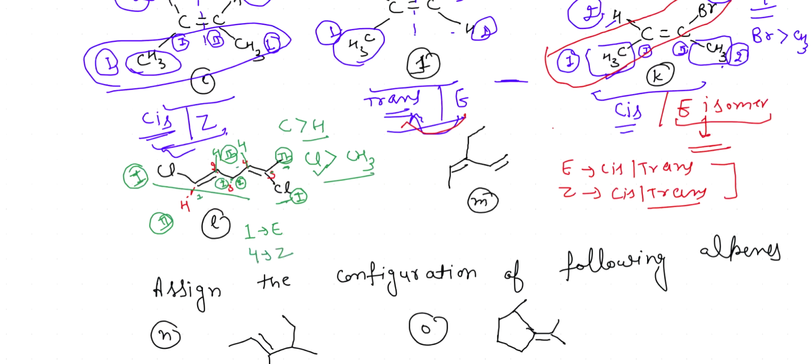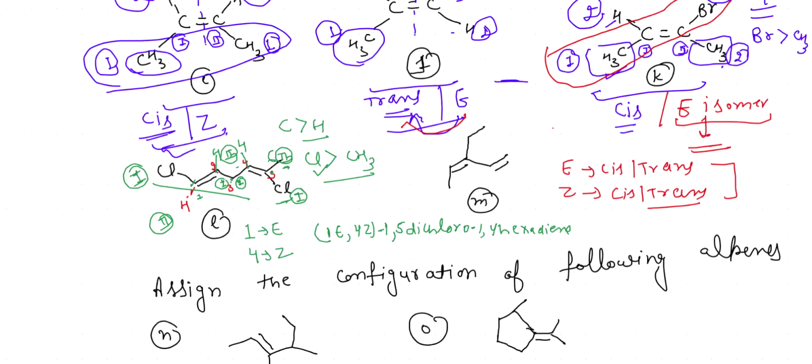So what will be the name of the molecule? Its name is 1E,4Z. There are chlorine groups present at the first carbon and the fifth carbon, so 1,5-dichloro-1,4-hexadiene, as it contains 6 carbons: 1, 2, 3, 4, 5, and 6.